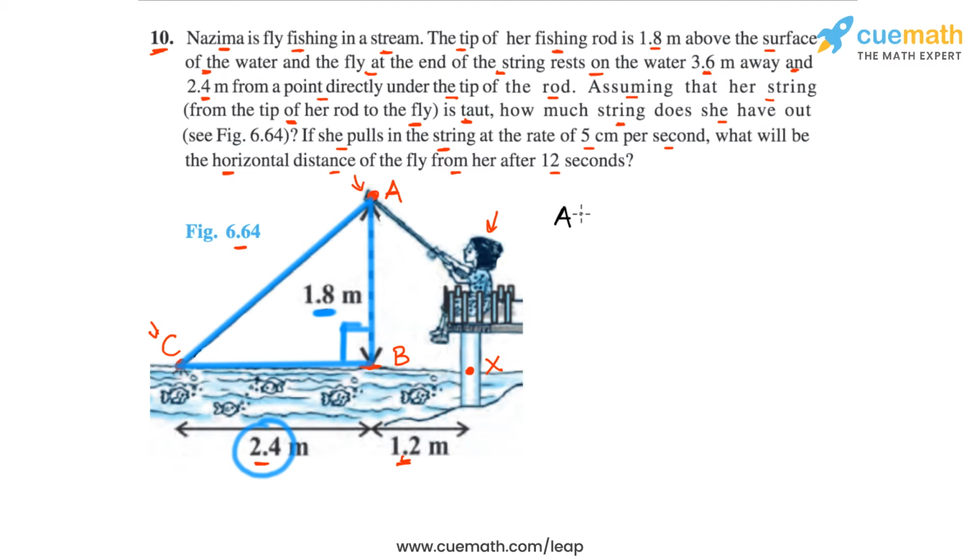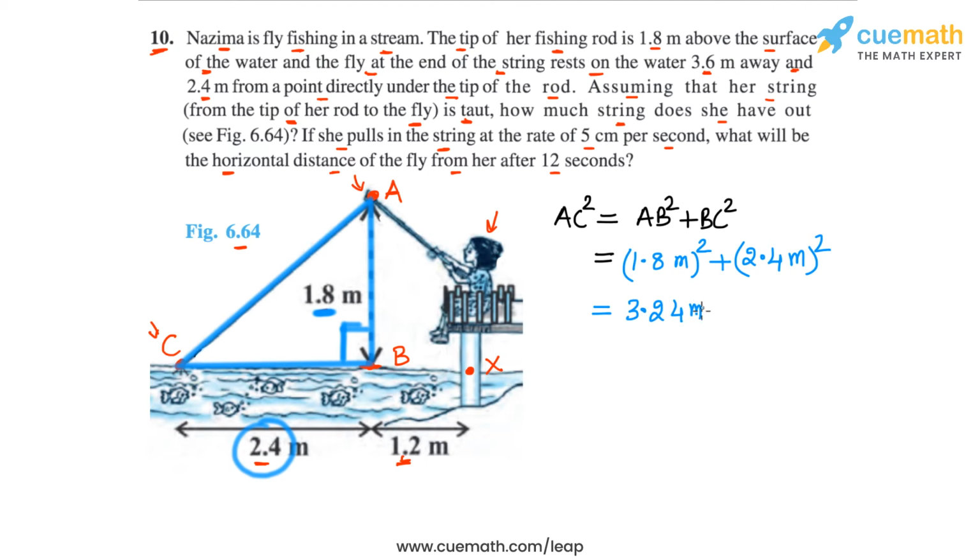So we have AC square is equal to AB square plus BC square, correct? So let's plug in the values. So AB is 1.8 meters. So we have 1.8 meters square, and then BC is 2.4 meters. So we have 2.4 meters square. Now 1.8 square is 3.24. So we get 3.24 meters square, and then 2.4 square is 5.76.